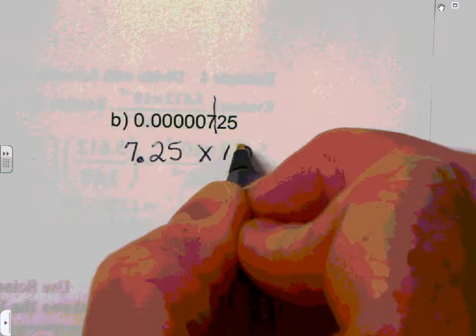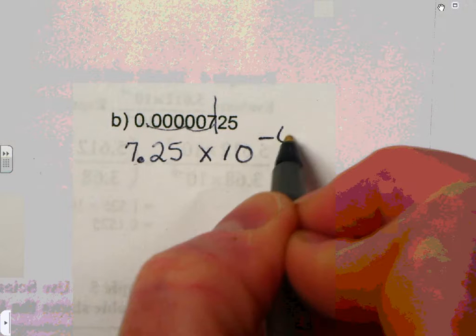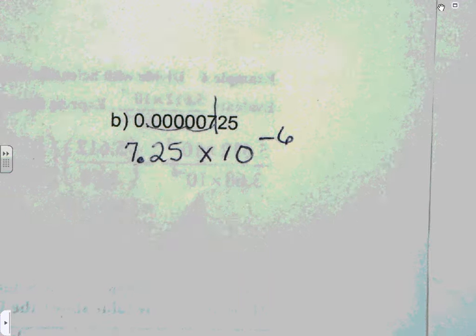Okay, look, Landon. Yeah, 7.25, perfect. I'd love my decimal to go there because I'd have a 7 by itself and then a 2.5, and it's going to be times 10. And I know it's negative because it's a tiny, tiny number, and I moved 6 spaces. Outstanding job. Outstanding job. We good?